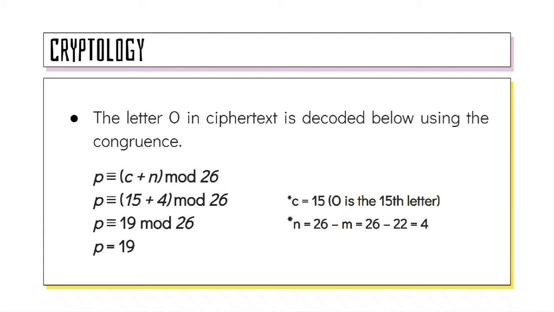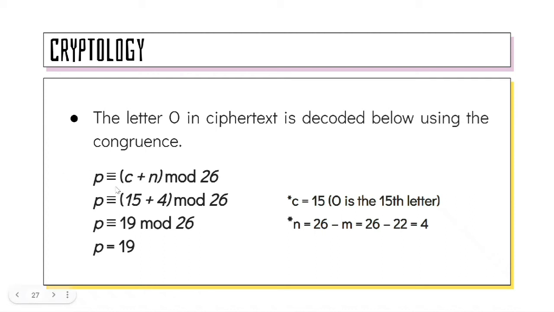So, we will decode this letter O in ciphertext using the congruence. This is the congruence we will use when going from ciphertext, which we will decode into plain text.